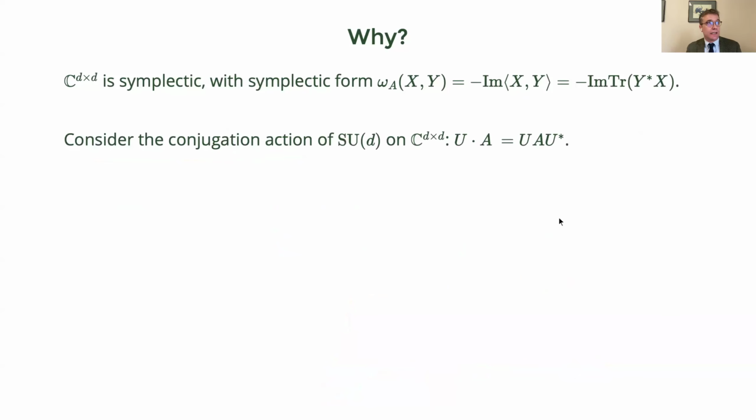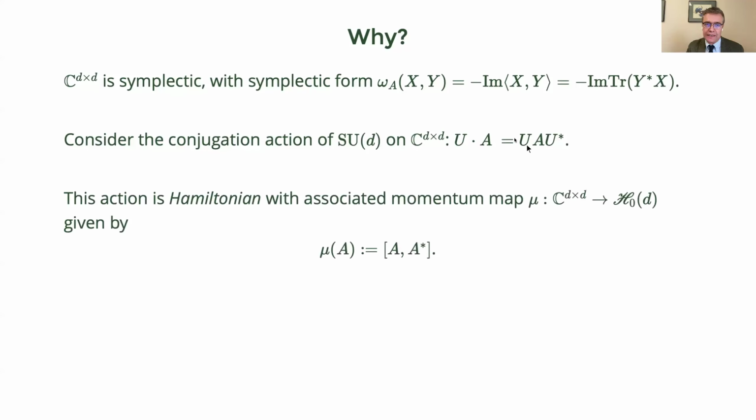And in the setting of symmetries, so now I say, okay, well, I don't just have a symplectic manifold, but in fact, I have some nice Lie group action on that symplectic manifold. So for example, in this case, I can conjugate D by D matrix by an element of SUD. And then this action, it turns out, preserves the symplectic structure, and even is a little bit more, it's what's called a Hamiltonian action.